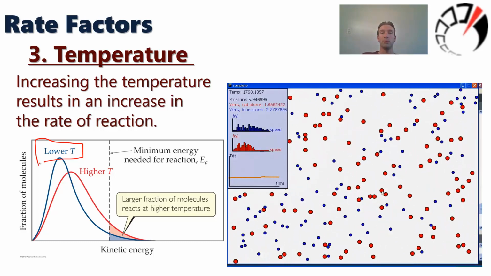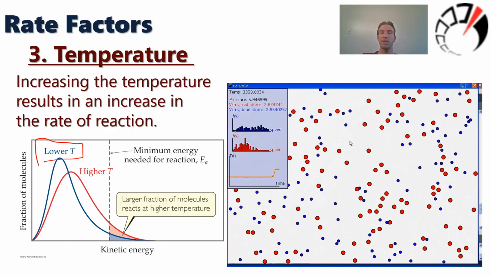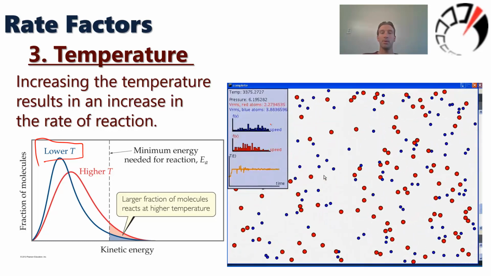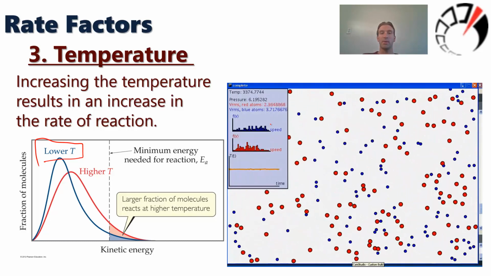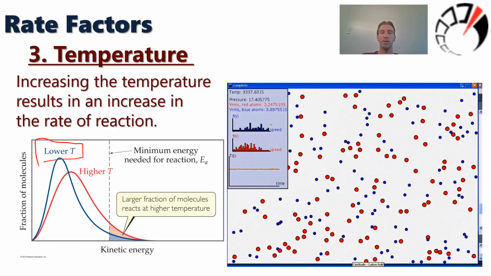Now the blue particles are representing our higher temperature distribution, and you'll notice that they have a much wider spread. So with that increased spread, now that we've raised temperature, we've shifted it over. And you can see very clearly what's going on. As you raise temperature, the overall particles are going to shift to a higher kinetic energy.